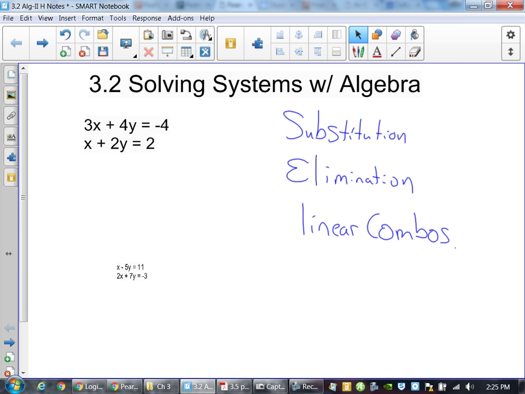For example, looking at this first one here, 3x plus 4y is -4, x plus 2y is 2. There are two methods that are shining right off the bat. I could do a substitution rather quickly by moving the 2y over. Do you agree? Or I can do a linear combination just by multiplying the second equation by 2 and subtracting.